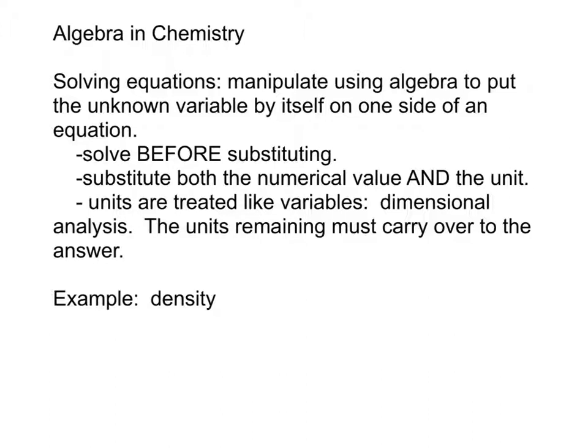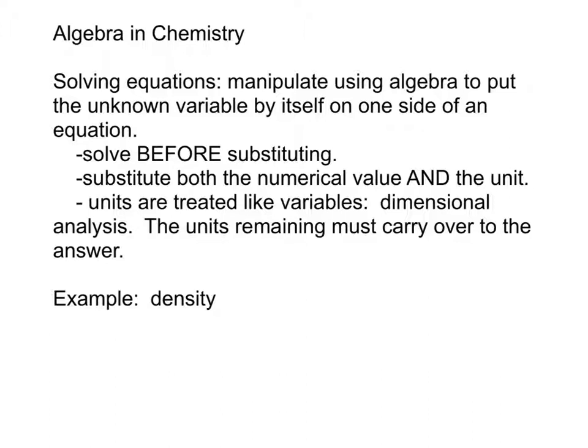And lastly, units are treated like variables, meaning they have to stick around and move with the number they're attached to. In dimensional analysis, the units remain and must carry over to the answer. We'll explain more about dimensional analysis as we go on, but that's basically how we treat units.